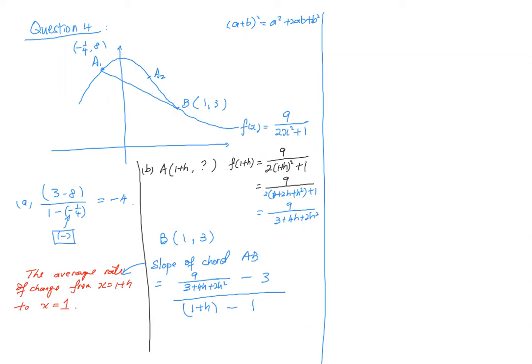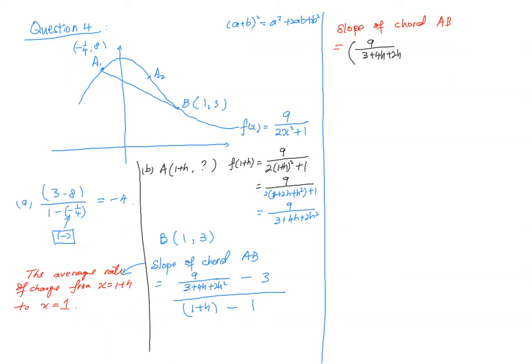Okay, so from here, you start to simplify. And down here is h. So the slope of the chord you can write in this form, whichever form you like. If you prefer to write it like that, divide by h means times 1 over h.